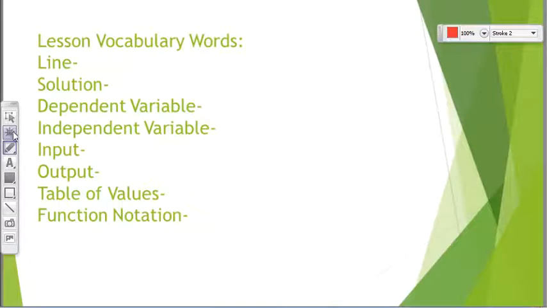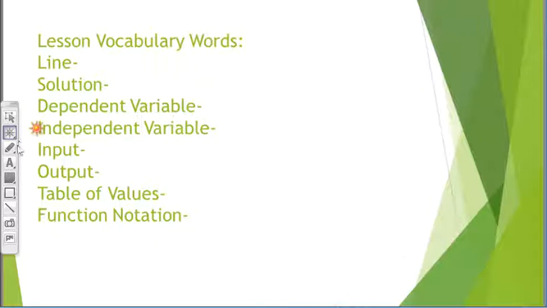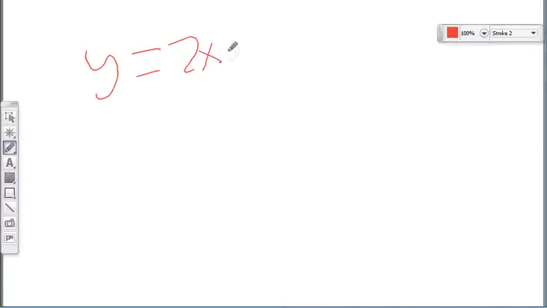Okay, so let's go ahead and move to the next one. We're going to talk about these two at the same time, dependent variable and independent variable. When we have that equation, y equals 2x plus 1, this y is dependent on whatever we choose for x.